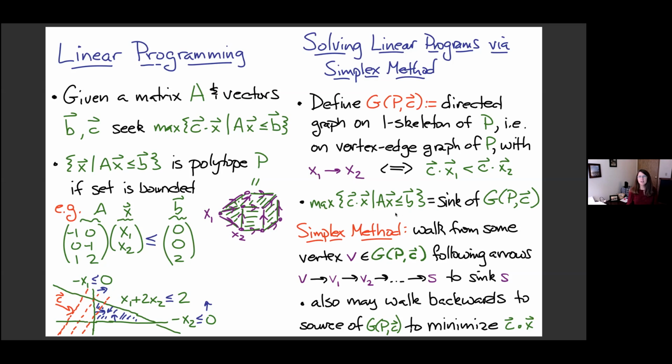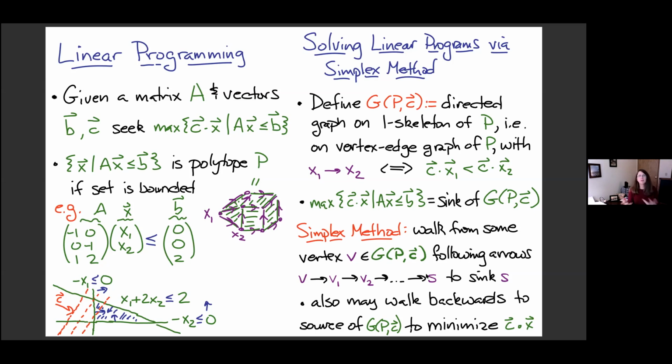In the simplex method, you start at some vertex on your polytope, and then you look at the edges incident to it and find one that points outward, and then just follow that. If you're not yet at the overall sink, then there'll be another edge going outward, and you follow that, and you keep going until you eventually get to the overall sink of the graph, which will be where your cost is maximized.